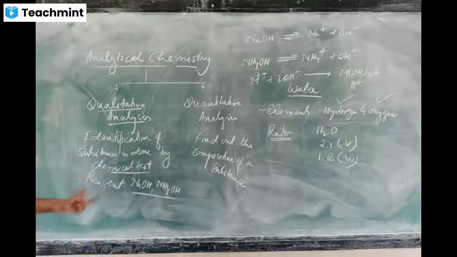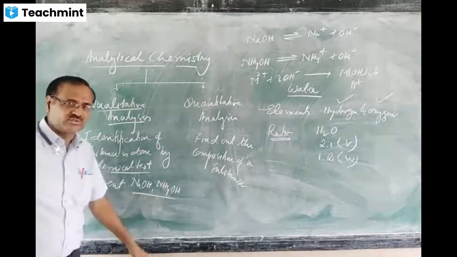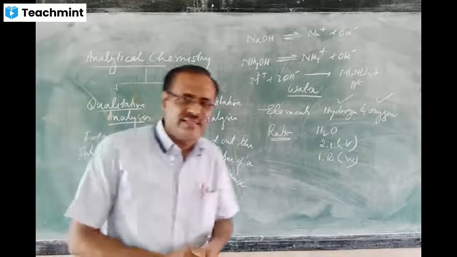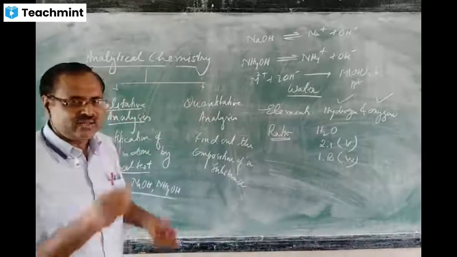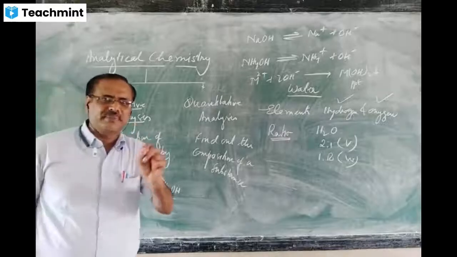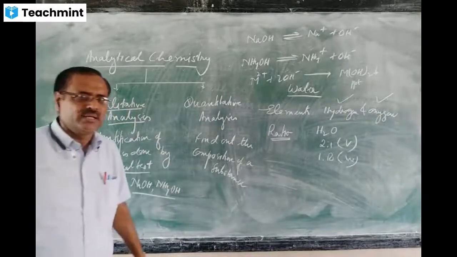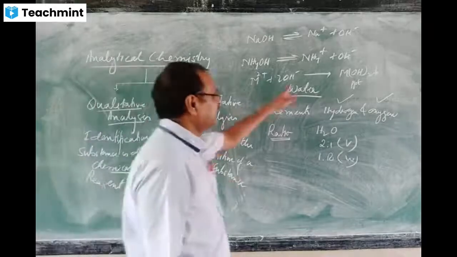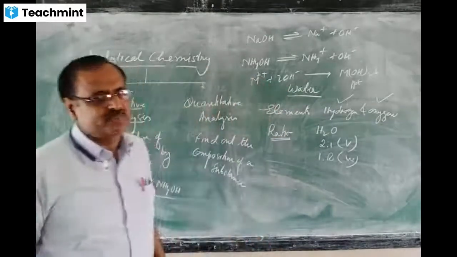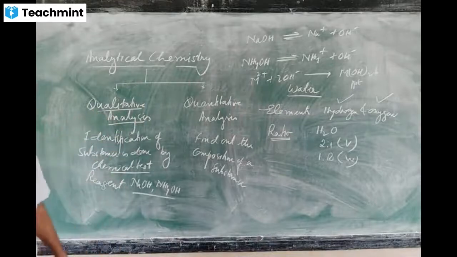In that you will add sodium hydroxide and ammonium hydroxide, first dropwise, then in excess. When you add dropwise, first the precipitate is formed; see what the color of the precipitate is. Then whether the precipitate is soluble or insoluble, based on that you can recognize which cation is present. So this comes in qualitative analysis.